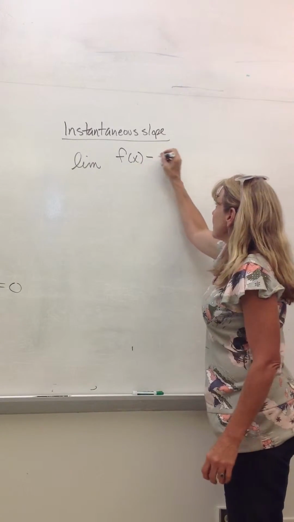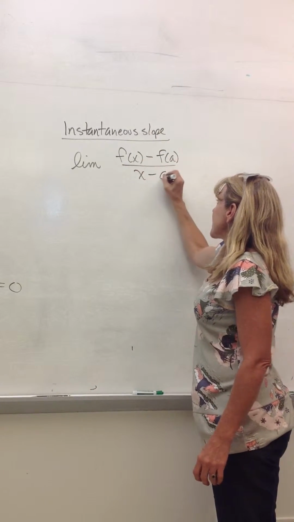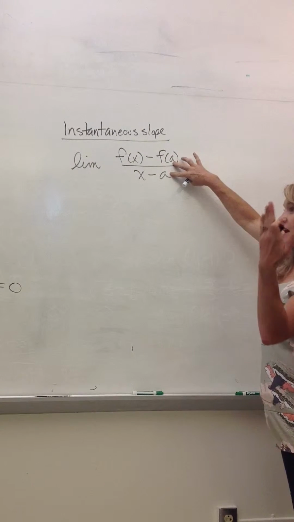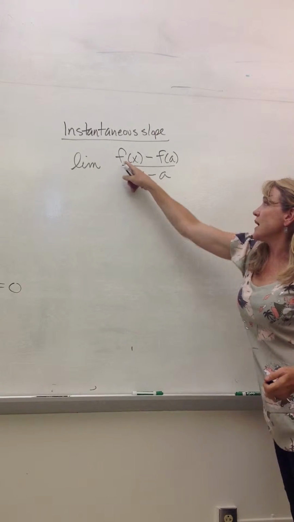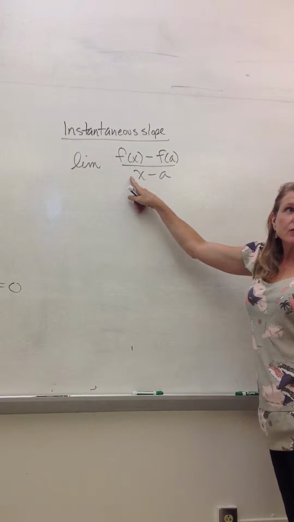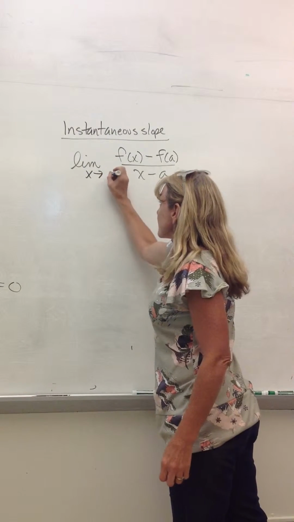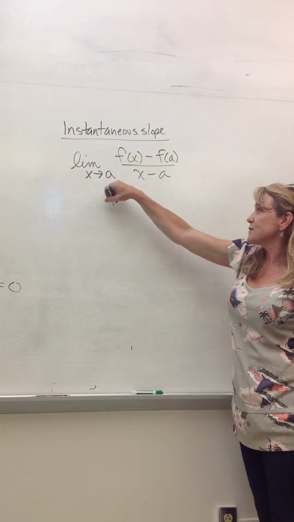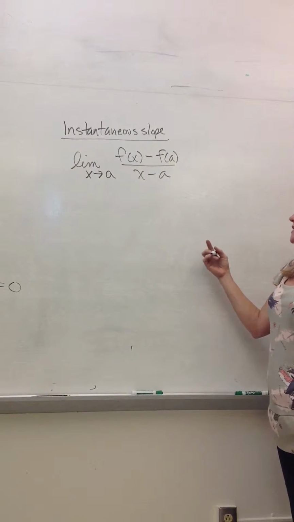Slope in general is y1 minus y2 over x1 minus x2. So if this is my special x that I particularly want the slope at, this is representing any other x value, and if we take the limit as those x values are getting close to, infinitely close to my special value, then that's creating the idea of instantaneous slope.